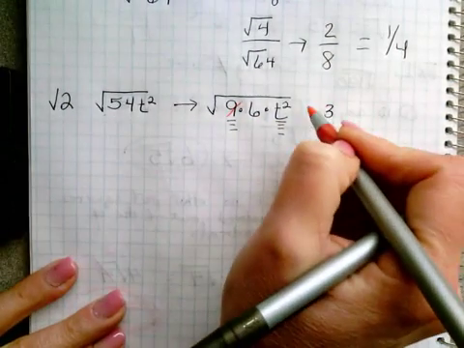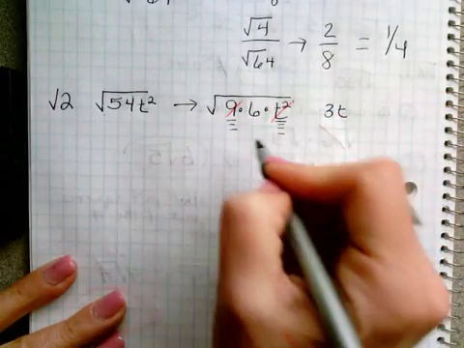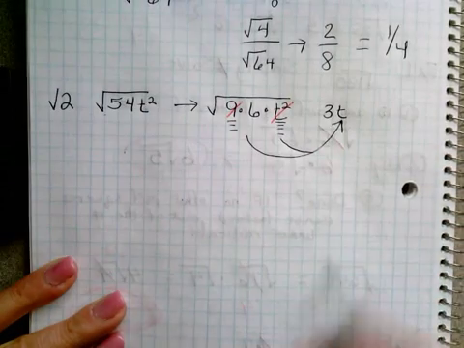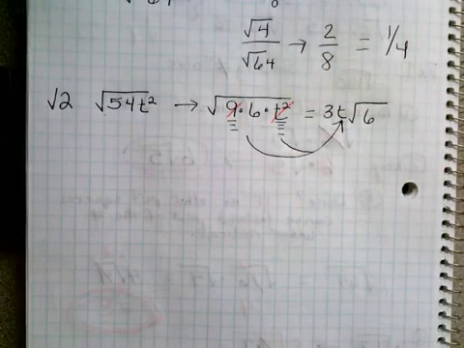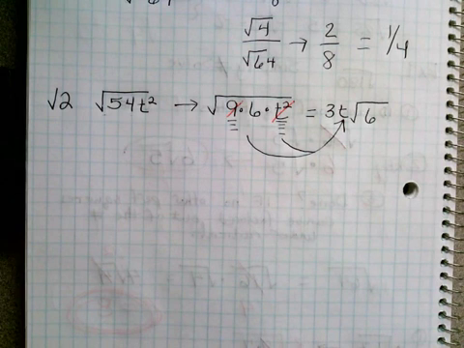Square root of t squared, t. Those two items come out of the radical. What is left underneath stays within. That's an example using a mixture of numbers and letters.